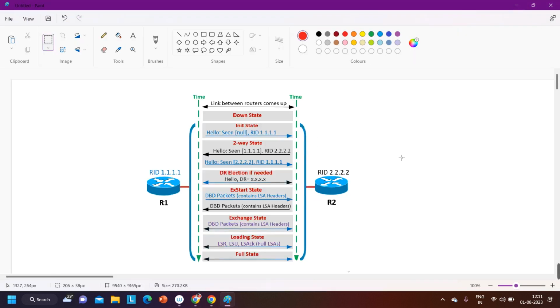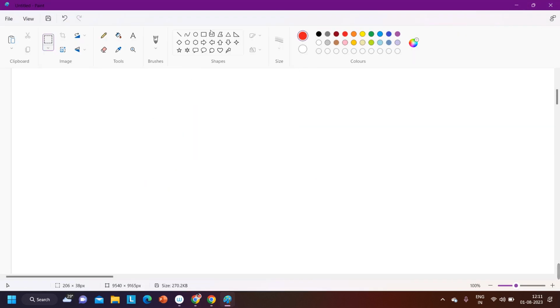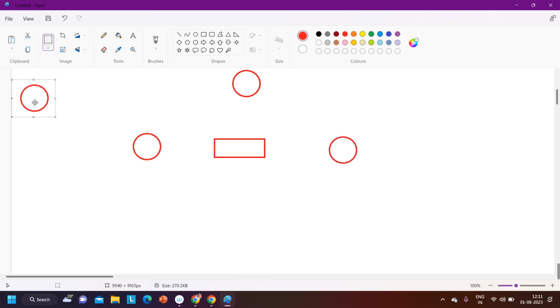OSPF states. Now, see, I have one topology like this. I have one switch here, and I have some routers. Let's say this is my topology.